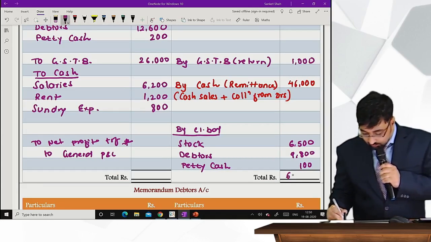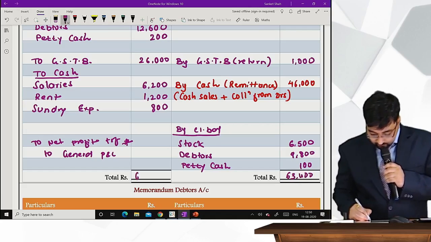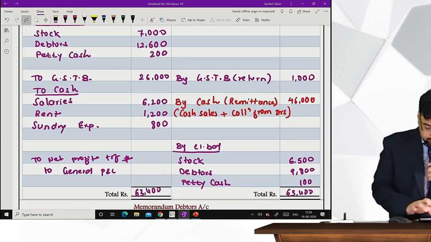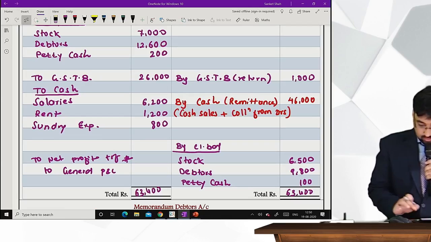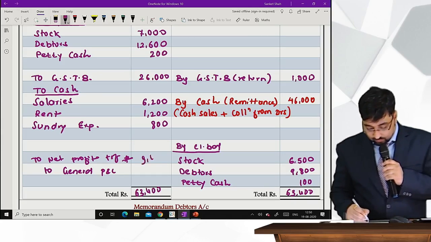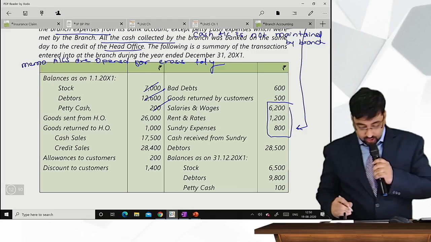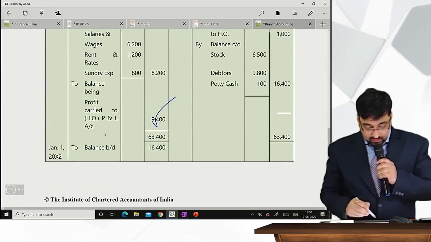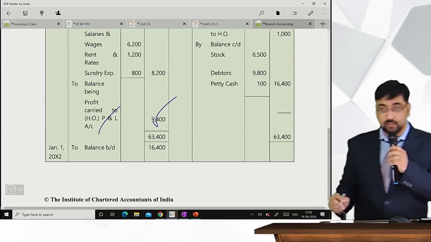So 63,400. And I will write minus 7 minus 12.6 minus 0.2 minus 26 minus 6.2 minus 1.2 minus 0.8. So what profit you are getting? 9,400. Let's check the answer with ICSE study material. Yes, I'm getting same answer, 9,400.